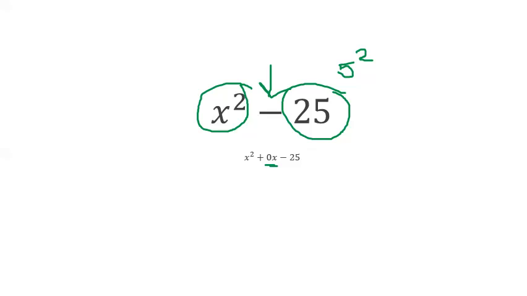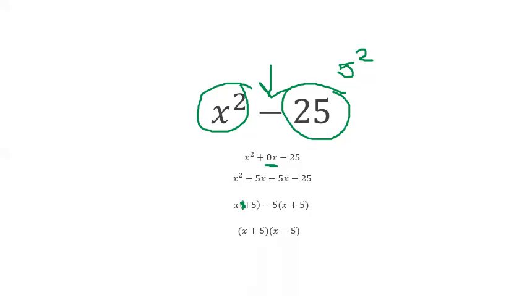So the only way that you can add to 0 is if your middle terms are both the same with different signs. So multiplying to 25 are 5 and a negative 5. So if we break our 0 down into 5x and negative 5x and then look for your GCFs, you'll still be able to find that you have your middle terms. Sorry, there should be an x here. So you have common brackets, and then you have your x minus 5 outside.